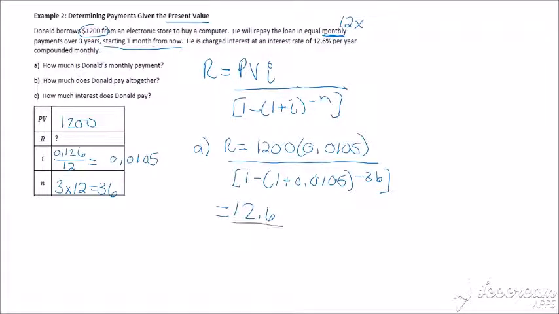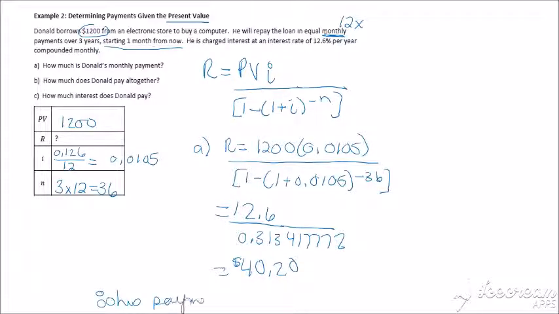When we multiply the bottom, we get 0 decimal. I left a bunch of these numbers for the interest just so that it's more accurate. So he's going to be paying payments of $40.20. Therefore, his payments are $40.20.